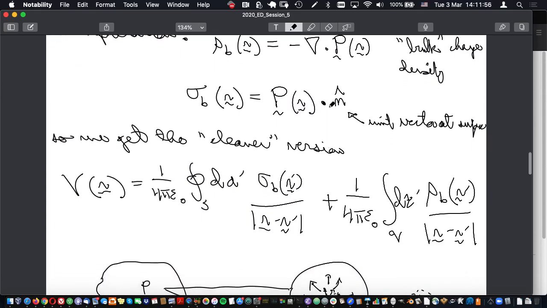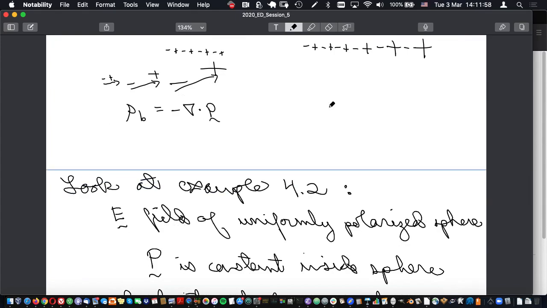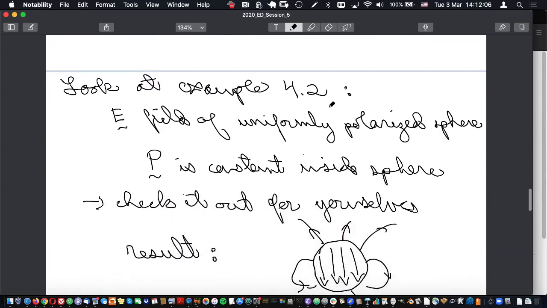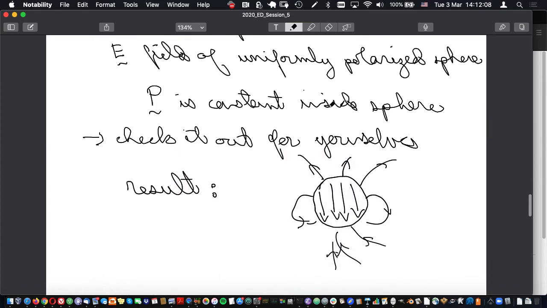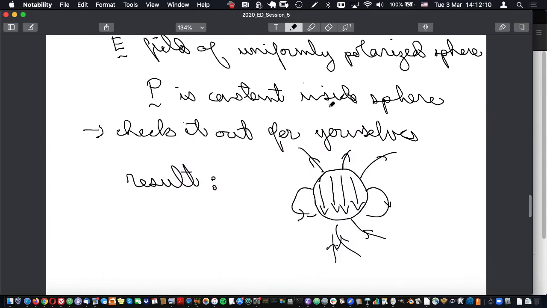P dot n, where n is the unit vector on the surface; if you've got a constant vector, there's just a cosine of theta. I'll let you look at that example. If I give you the polarization, you can compute these bound surface and bulk charges, and with that you can compute the actual potential. If you have questions about it, we can talk about it next week.